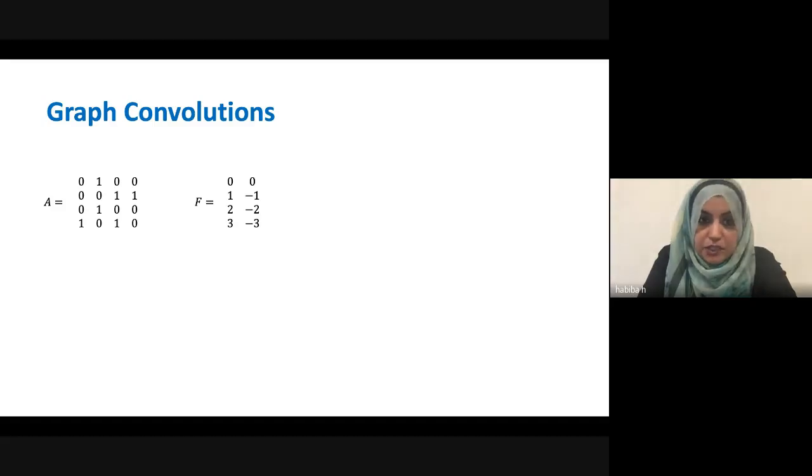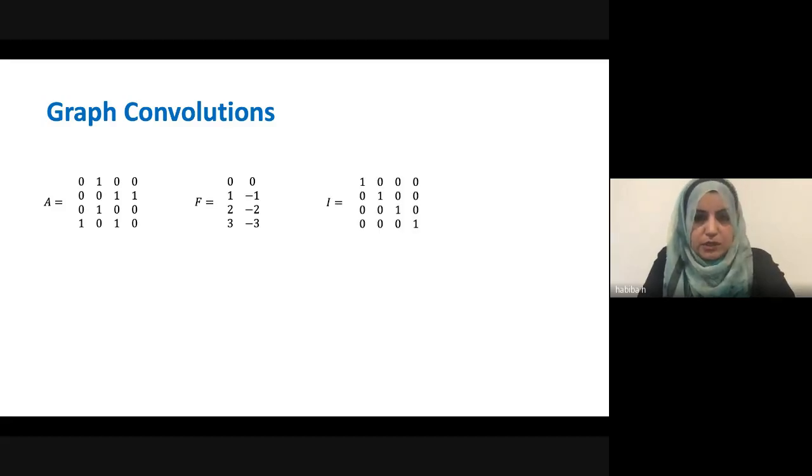Then you have features, which you all are familiar with. In standard machine learning, you always have a set of features. So let's suppose we have these 2 features for these 4 individuals. Just for the sake of mathematics and logic, we would have this identity matrix, which is like these self loops, and they are just meant to make sure that an individual's own characteristics or features are accounted for when we are doing all the multiplications.